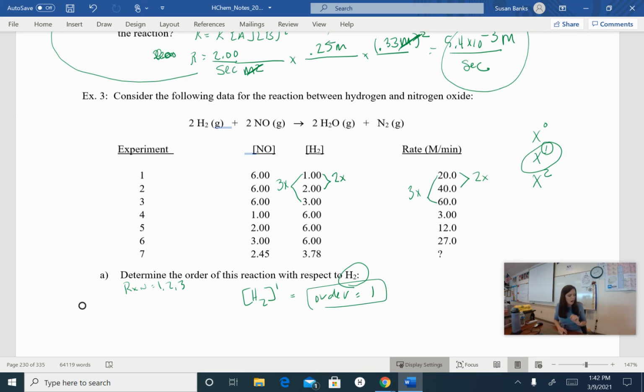Okay, so our exponent for our hydrogen concentration in our rate law equation is going to be 1. Now we need to determine the order with respect to nitrogen monoxide. So we need to look at reactions where hydrogen is held constant.